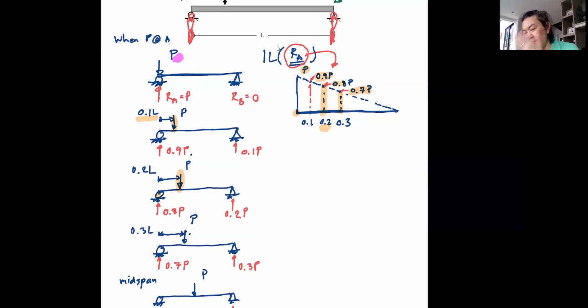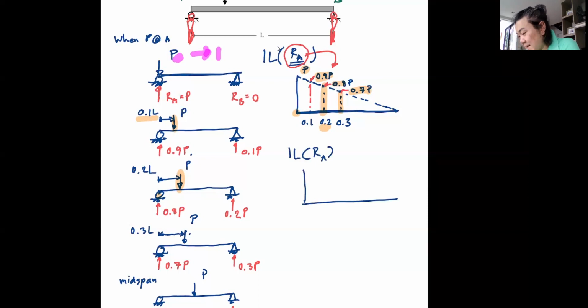So if I change the load from P to 1, the influence line of RA simply becomes like this. I can just replace P with 1.